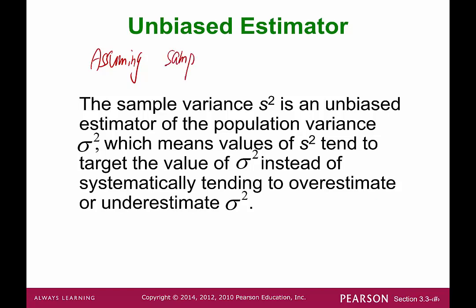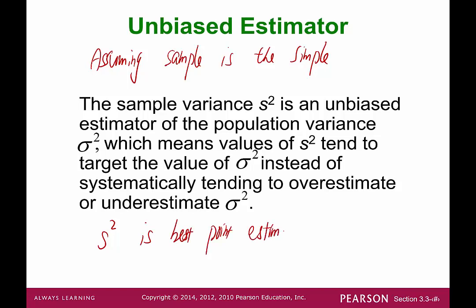If the sample is a simple random sample, then we can guarantee the sample variance s squared is the best point estimate of the population variance sigma squared.